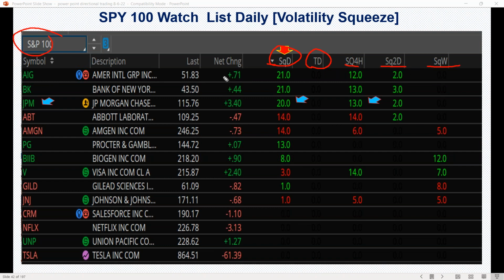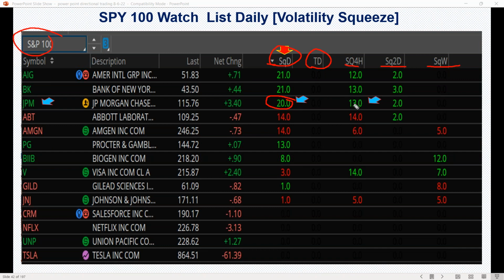Now, currently these are in a very tight squeeze. The one we actually just traded Friday was JP Morgan. JP Morgan has been in a squeeze for 20 bars, or 20 days, and the momentum is green, color coded, so that shows momentum up. If it's red, it shows momentum down.